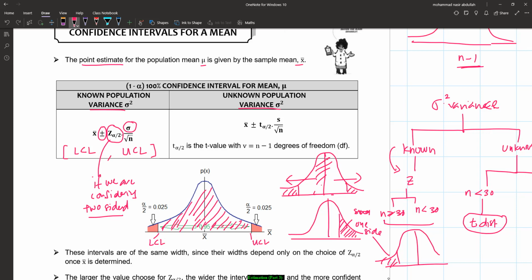So if we want to consider two-sided, we need to use Z alpha divided by 2 because there are two sides that we reserve for error. So this is the rejection region. Later on we will discuss in more detail the rejection region and acceptance region. This is a rejection region. This is the acceptance region.